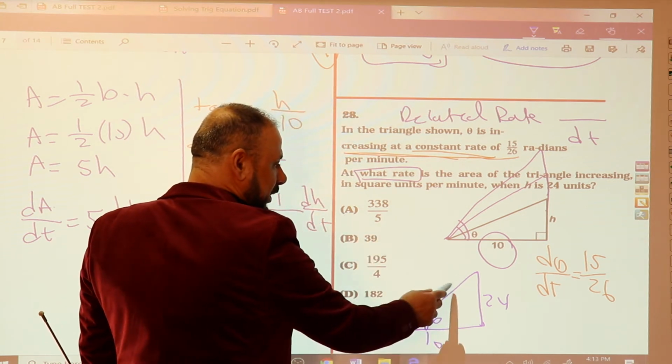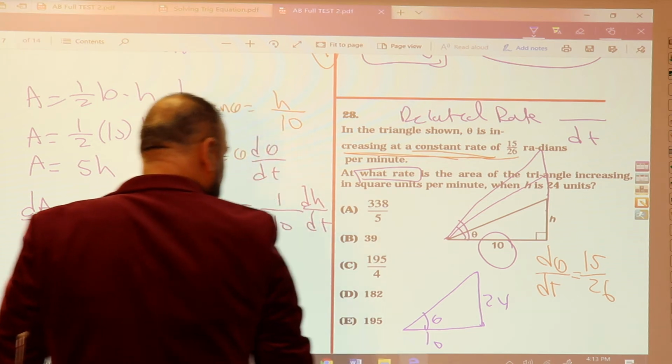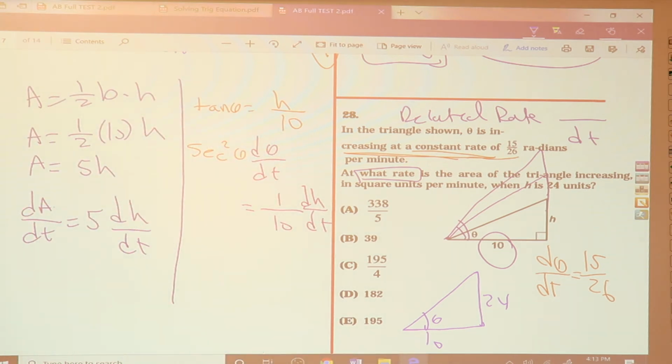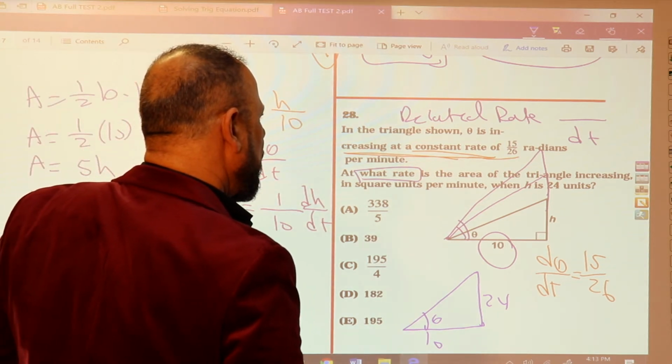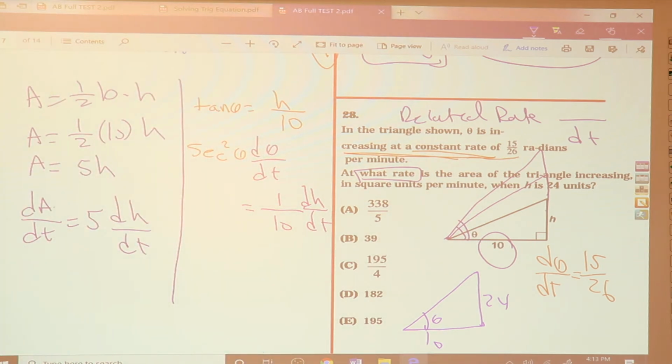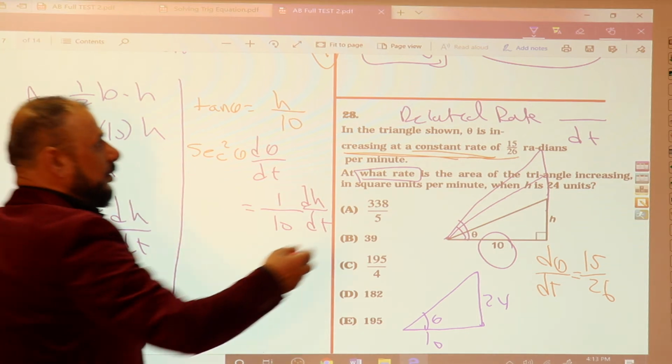You have to find this side. Then apply the Pythagorean theorem: 24 square plus 10 square, square root, 26, right, guys? Then this guy is 26.